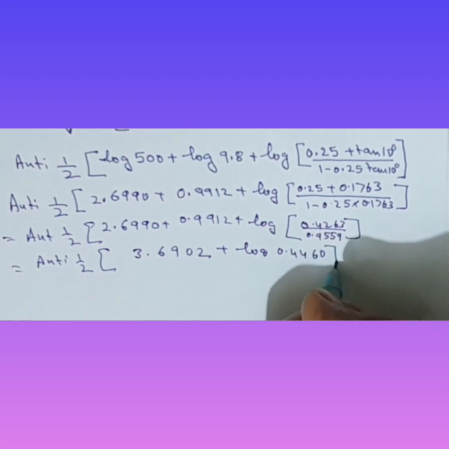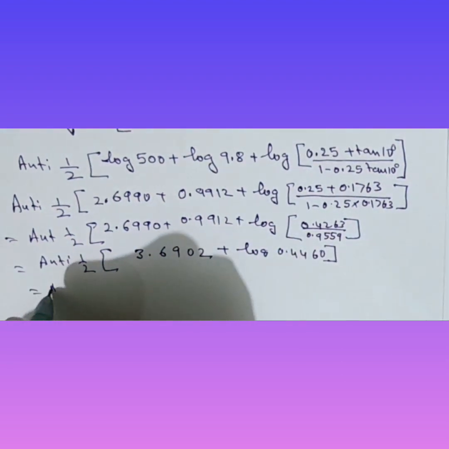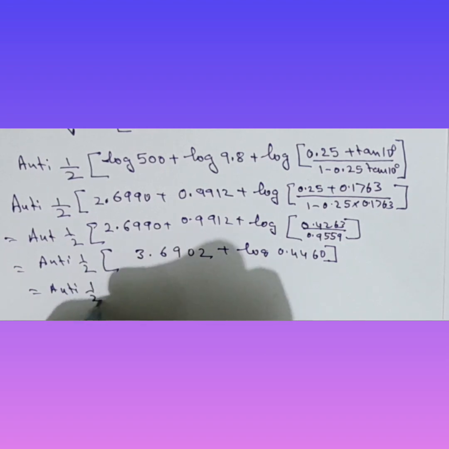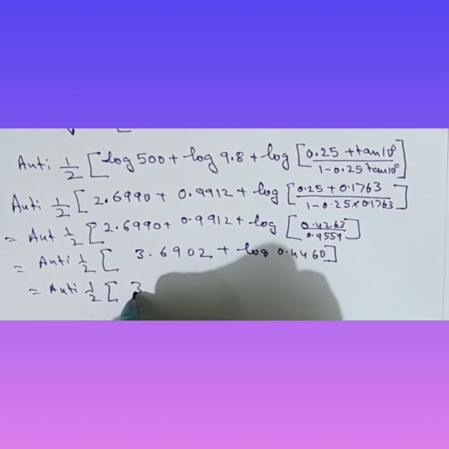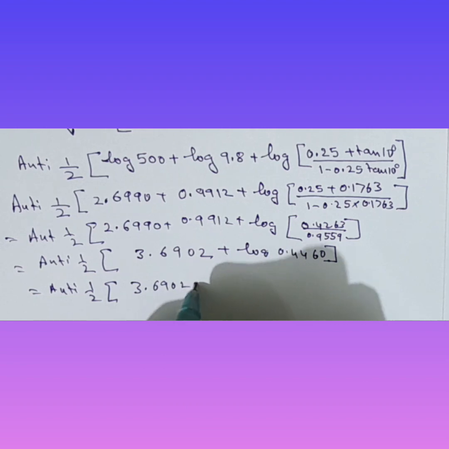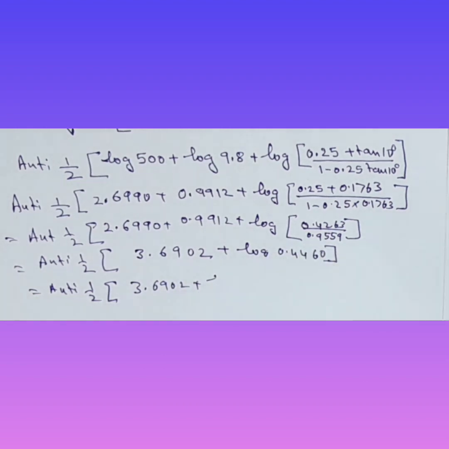Alright, so we have got to get log of this. So anti-log half of 3.6902 plus log of 0.4460.